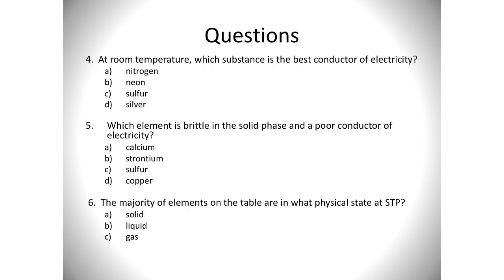At room temperature, which substance is the best conductor of electricity? So we are looking for a metal. So we look at the periodic table. You just want to pick the one that is a metal. So that would be silver. Ag is a metal. Which element is brittle in the solid phase and a poor conductor? So that sounds like a nonmetal.